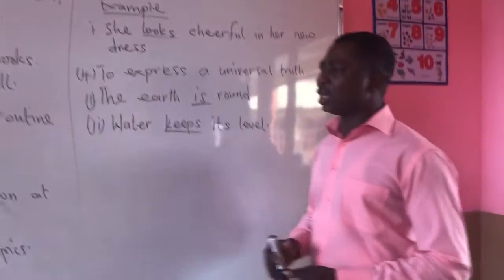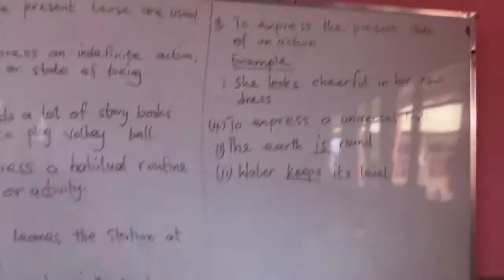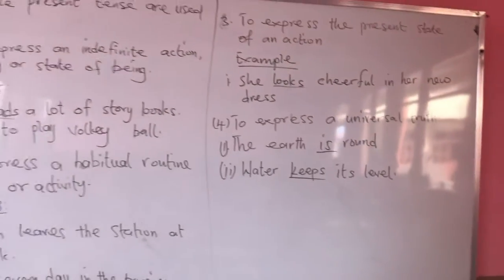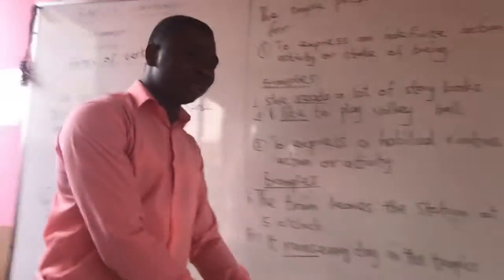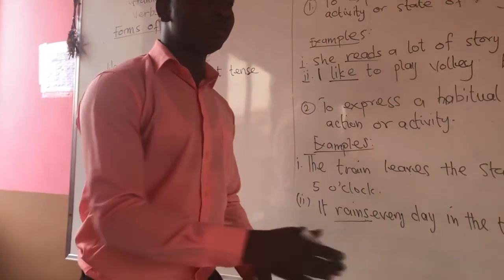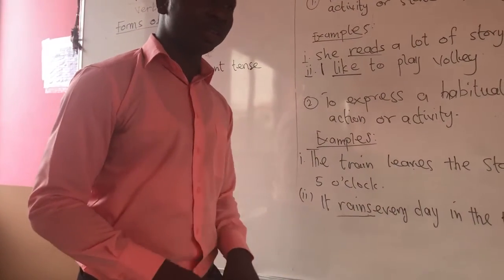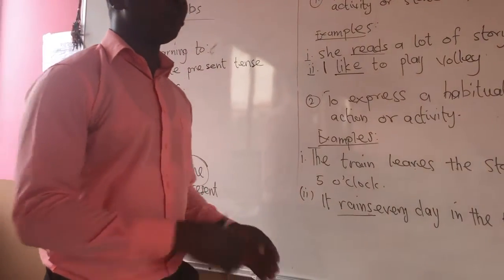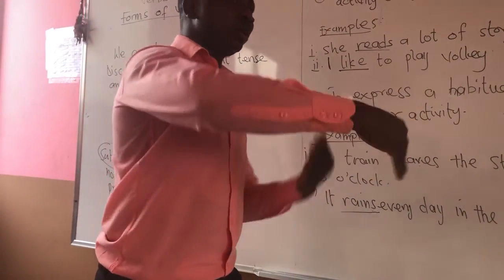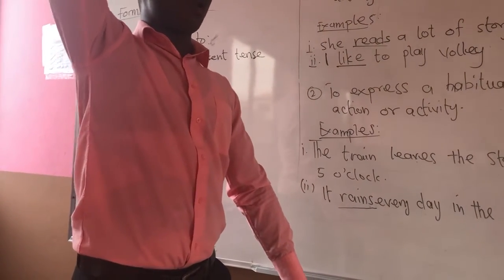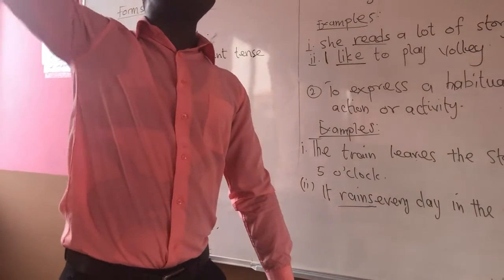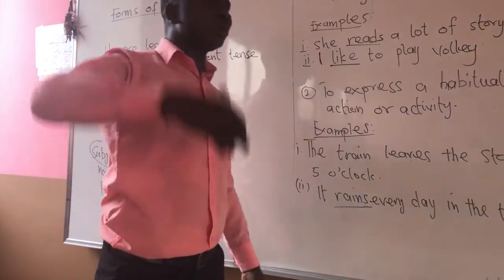So we are saying that when we talk of present tense, verbs can happen at a time, that means present state. When you are doing something right now, it's present state, and it can happen maybe yesterday or some days before.